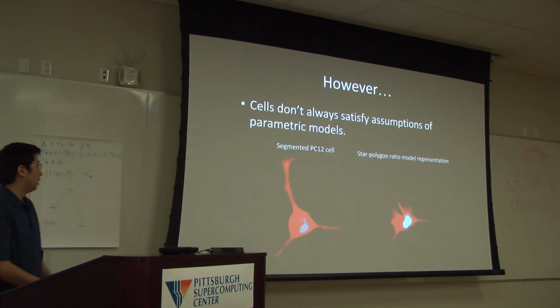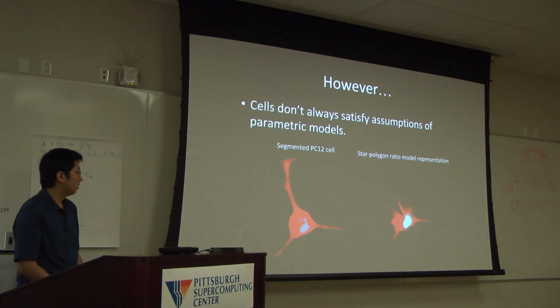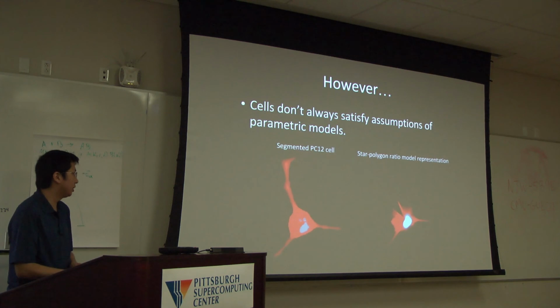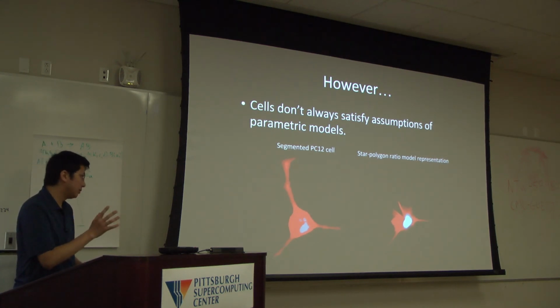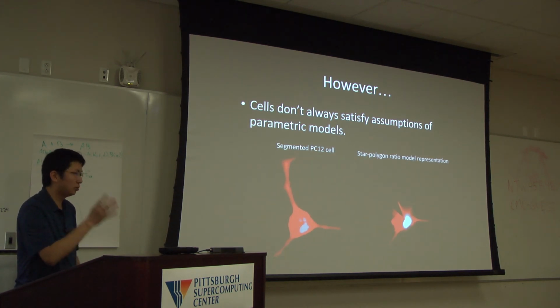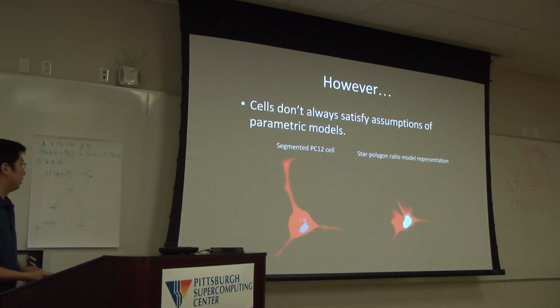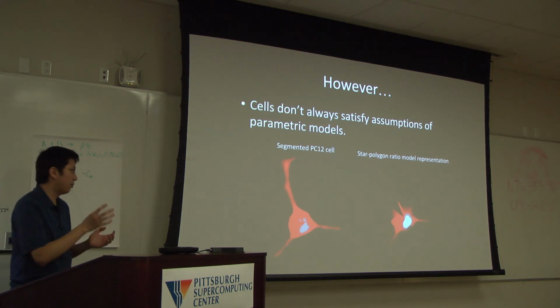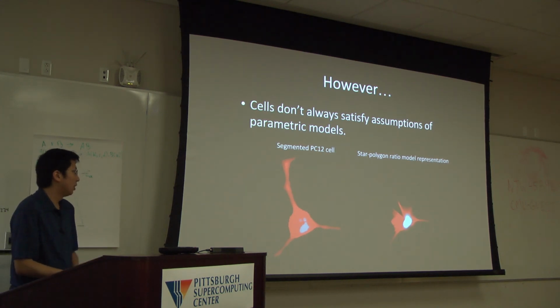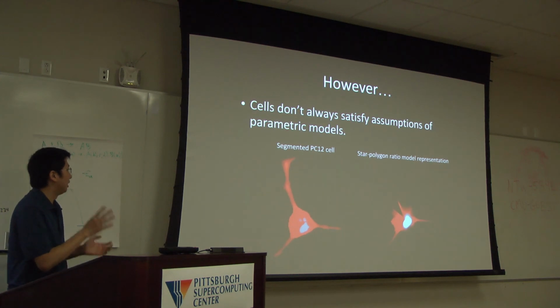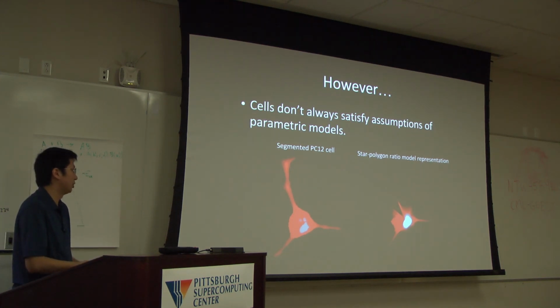So in sum, we looked at two types of parametric models, and we found some problems. The first problem is that they are too simple to model some complex cases. Cell shapes may be very complicated, and they do not satisfy the assumptions of the specific models.